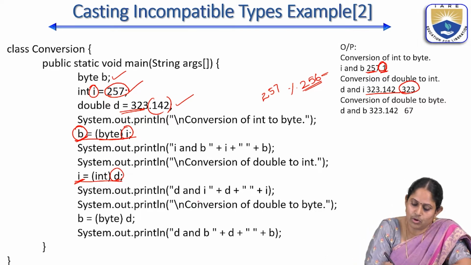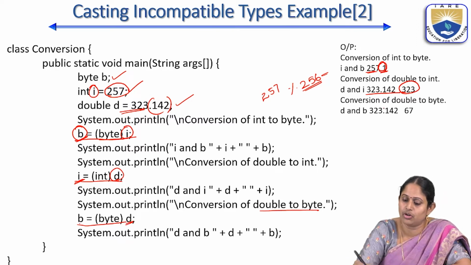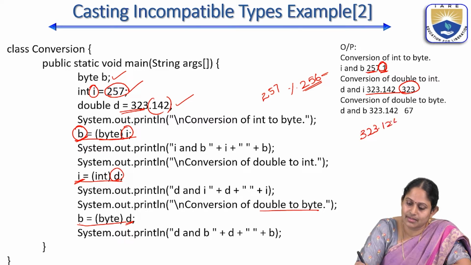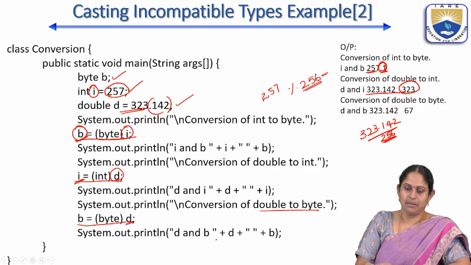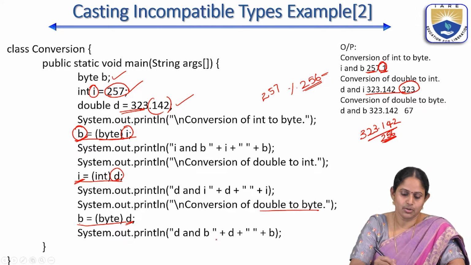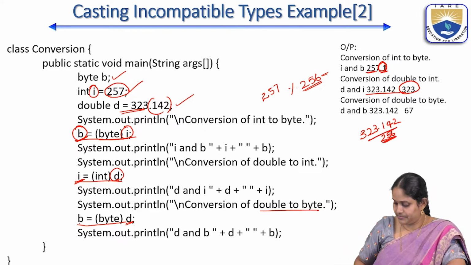Similarly, if we want to convert double into byte, we have to typecast into byte. So this double value will be stored into byte. Here also it will perform modulo division by 256, where 256 is the size of the byte variable. So this is how typecasting occurs in Java.